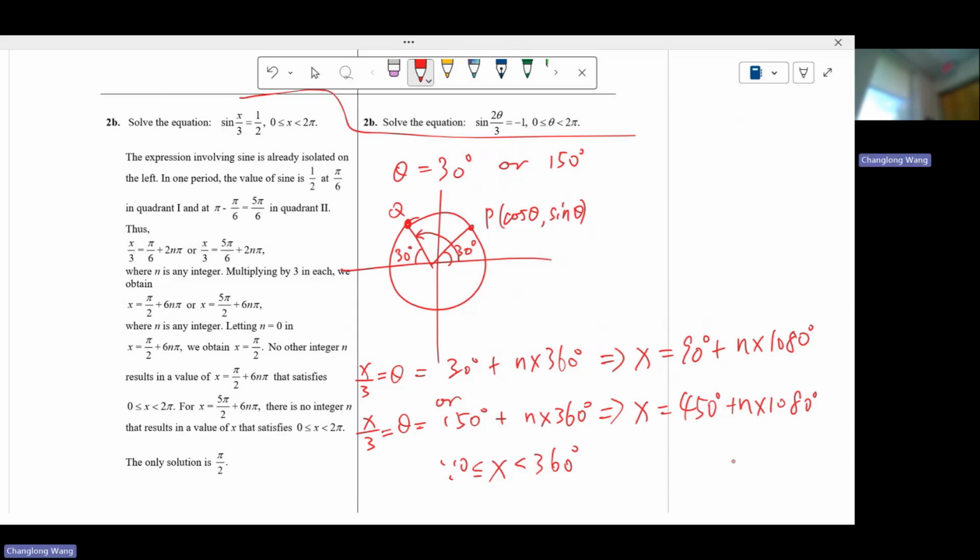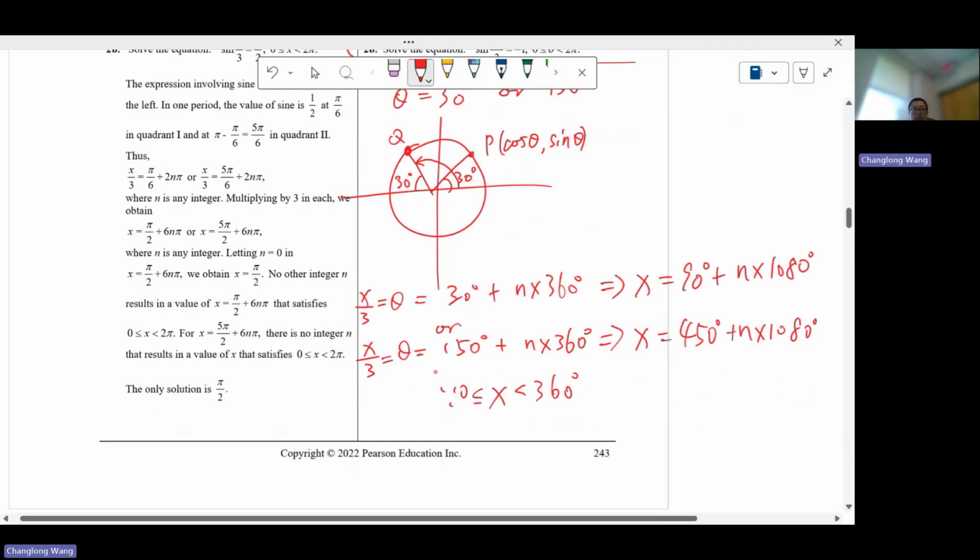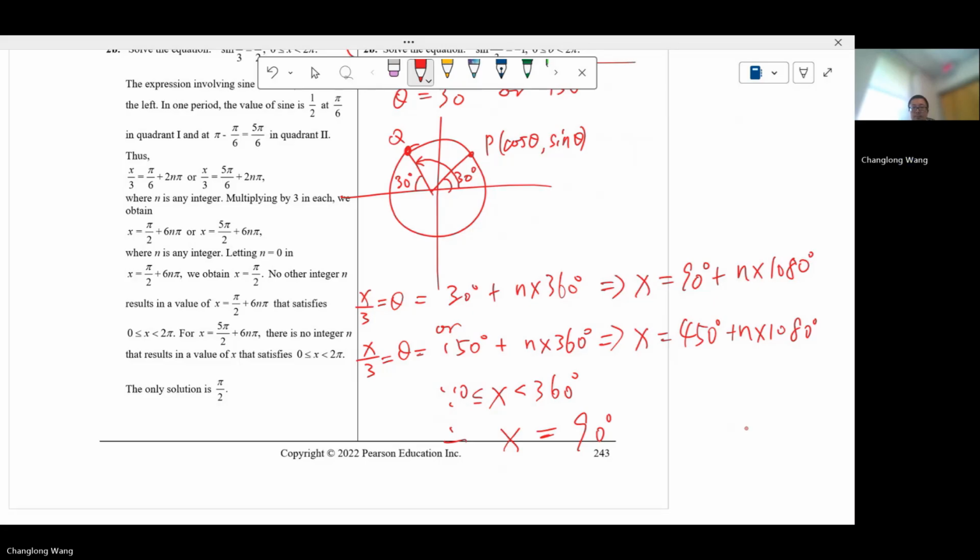So somehow you see 0 works for one of those scenarios, plus minus 1, plus minus 2 doesn't work. That means it just so happened that there were infinite possible solutions, but the one they actually want within that infinite domain is just one solution, 90.